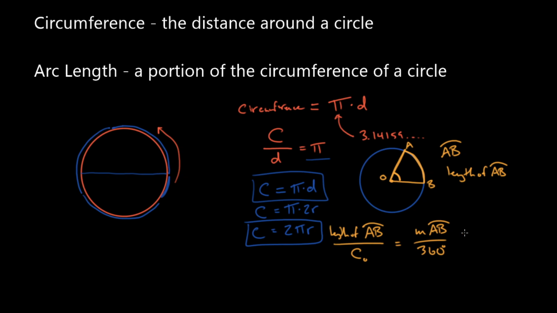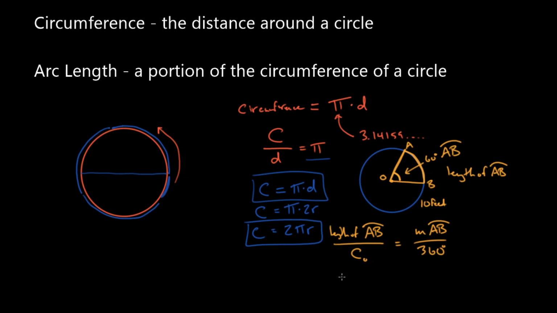So let's just say, real quick example here, let's say I told you this angle right here was 60 degrees, and let's say I told you the circumference was 10 feet, why not? Then to find the length of arc AB, well, it would just fit into this proportion here.